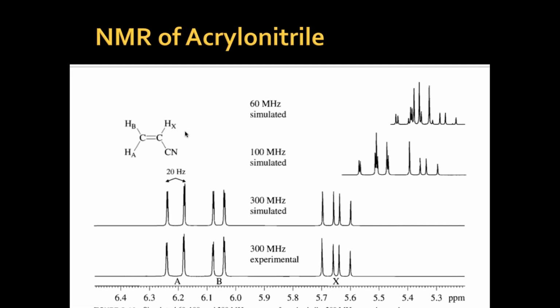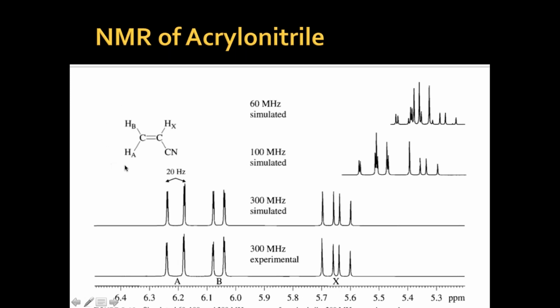So how does proton NMR show up? Proton NMR works on the basis of the environment. Different environment means, see, HA and HB. HA is in the environment of HB. HA is in the environment of HX as well, but is very far from it.